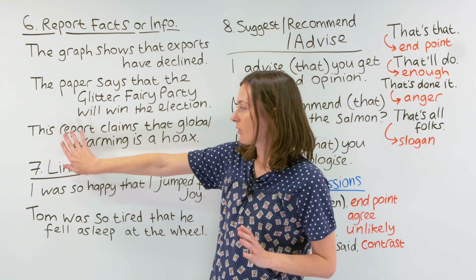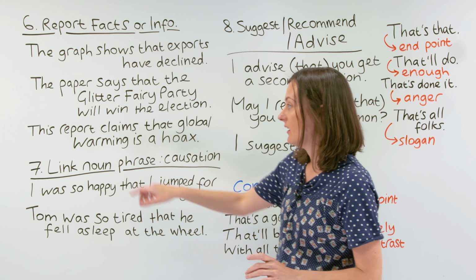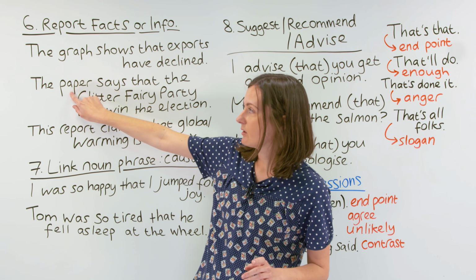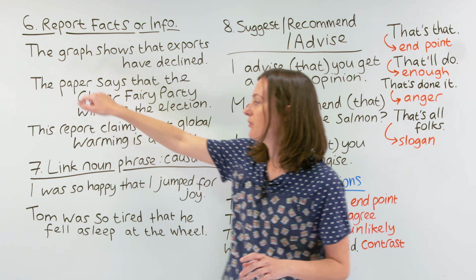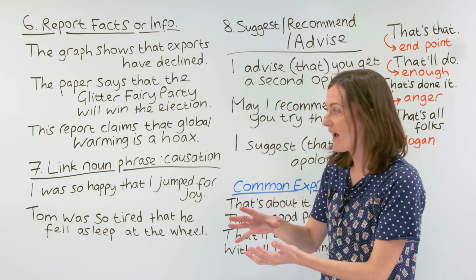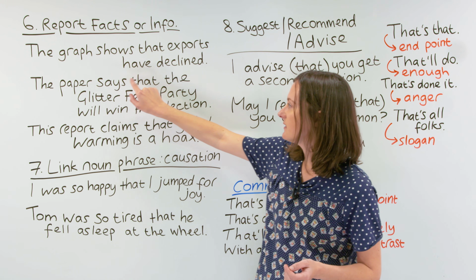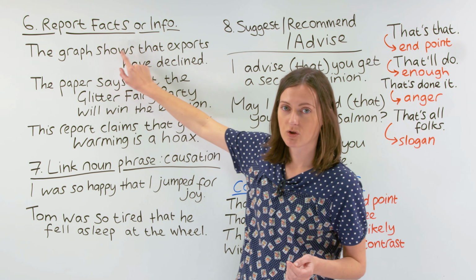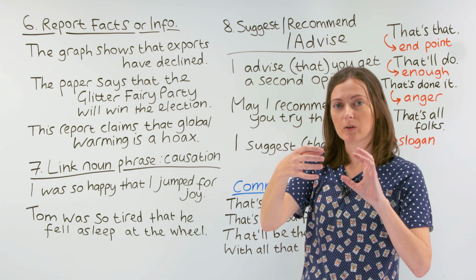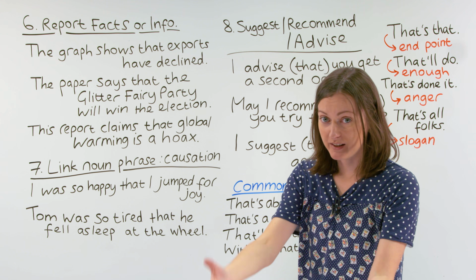We have the source of the information or source of the data, a report, newspaper or graph, and we use a verb plus that. Claims that, says that, and shows that. And when we use the verb and that, this is how we show the information.